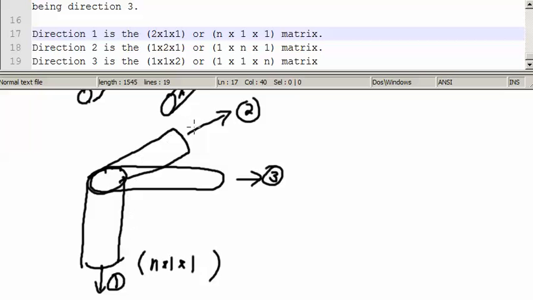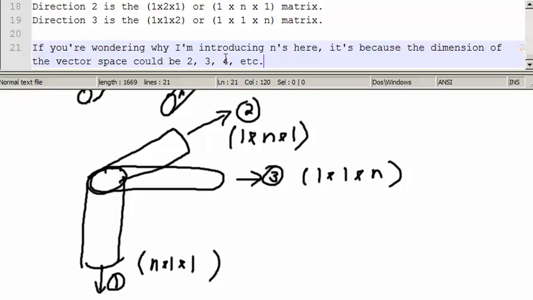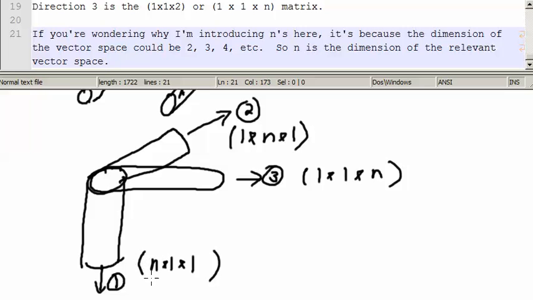Direction 2 is the 1 by 2 by 1, or 1 by n by 1. And direction 3 is the 1 by 1 by 2, which is 1 by 1 by n. Of course, if you're wondering why I'm introducing n's here, it's because the dimension of the vector space could be 2, 3, 4, whatever, etc. So n is the dimension of the relevant vector space.